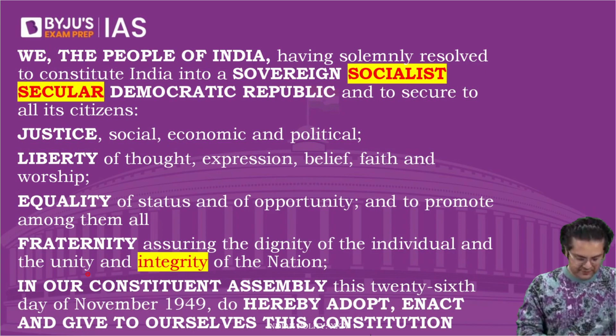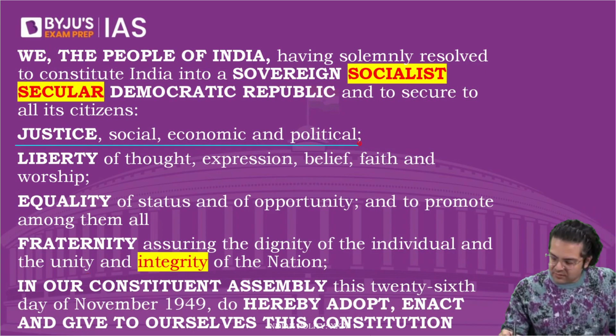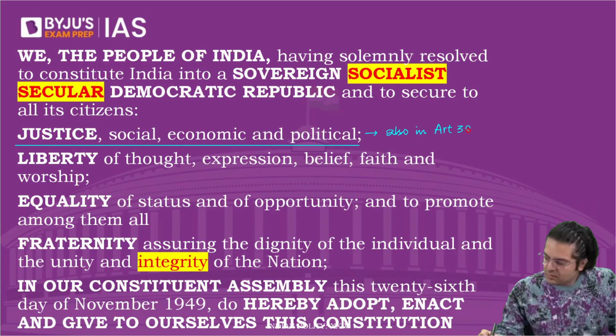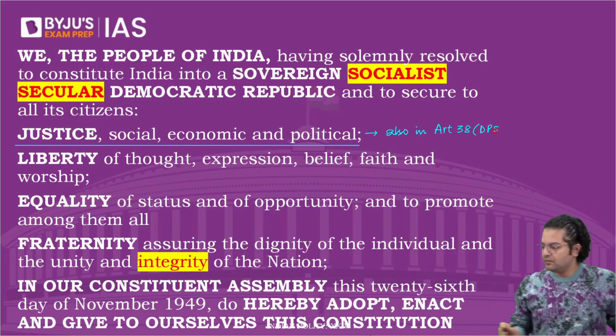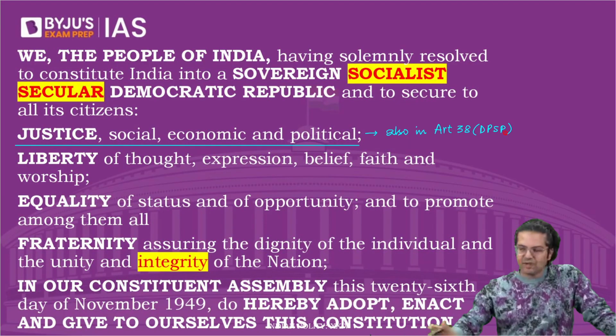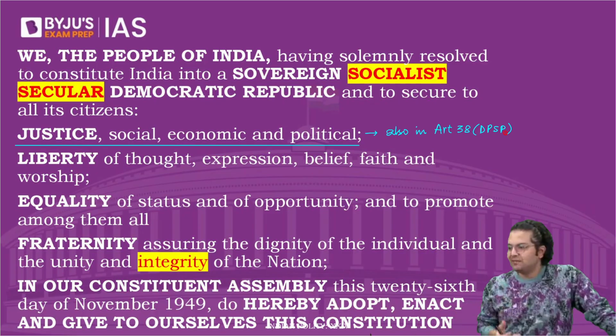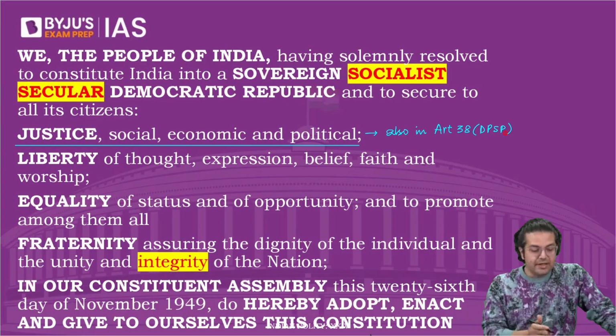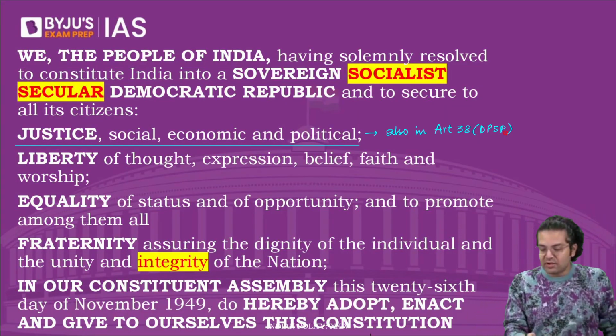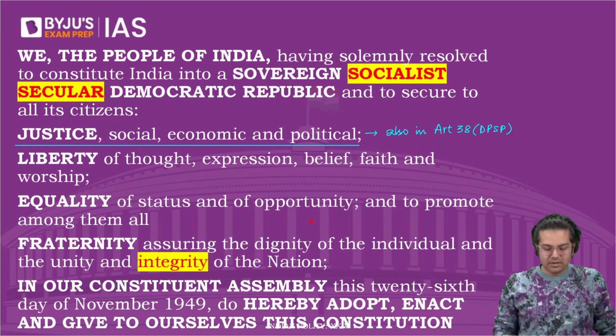This phrase is also mentioned where? We just saw today, in DPSP, Article 38. So, justice, then liberty, liberty of thought, expression, belief, faith, worship, equality of status, equality of opportunity, and to promote among them all, fraternity, assuring the dignity of the individual and the unity and integrity of the nation.